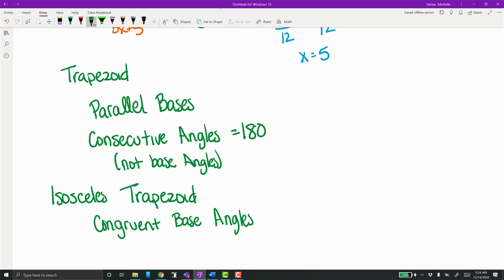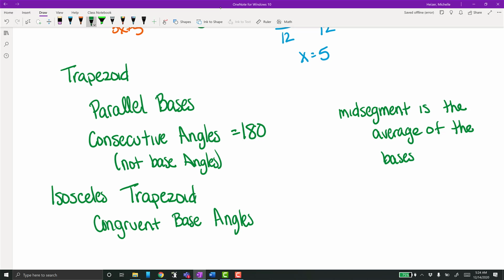And the last thing we talked about was mid-segments. So a mid-segment is the average of the bases. What that means is you take your two bases, base plus base, divide by 2, and that equals your midsegment.